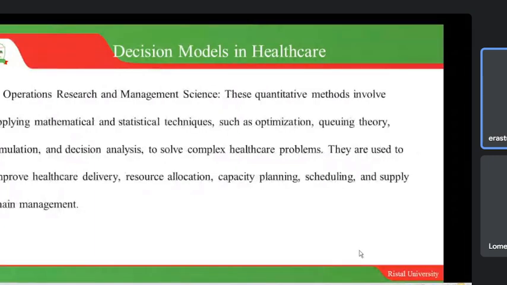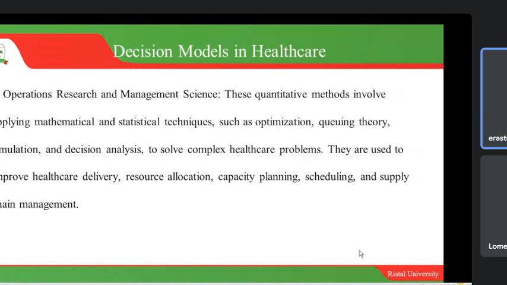We have also what we call operations research and management science. In this particular model, we are saying it is a quantitative method that is going to involve us applying mathematical and statistical techniques. When we are using mathematical and statistical techniques, we are focusing on what we call optimization.